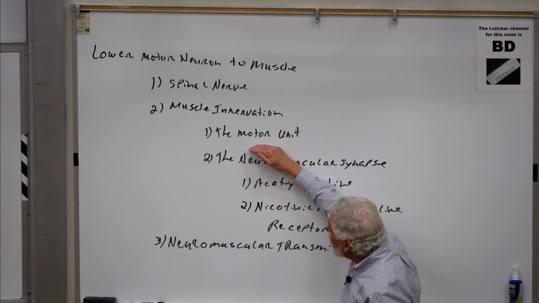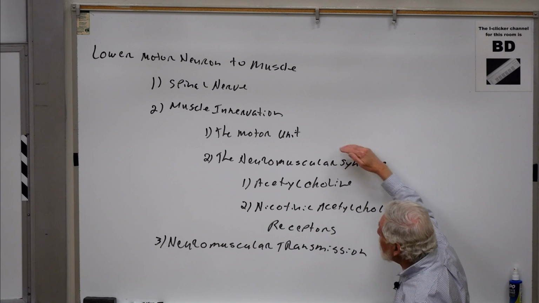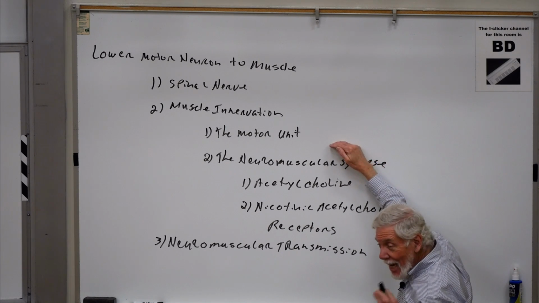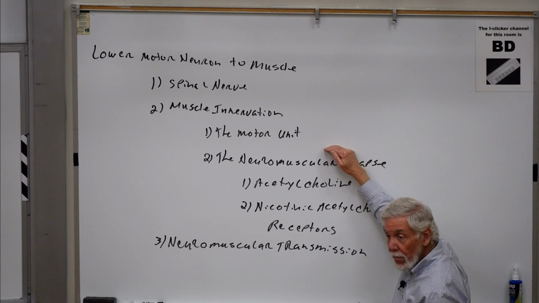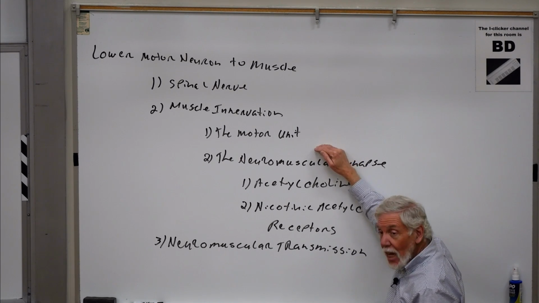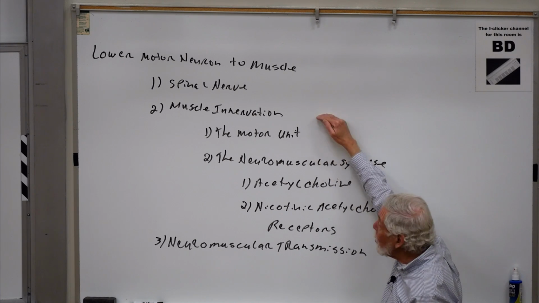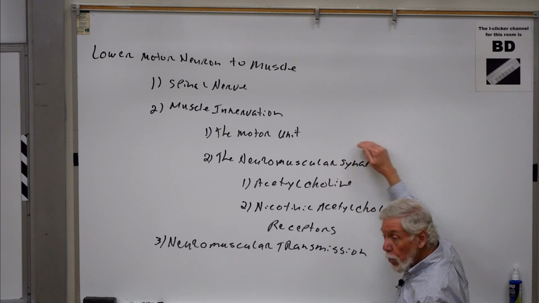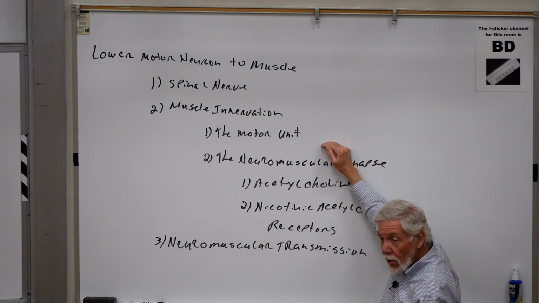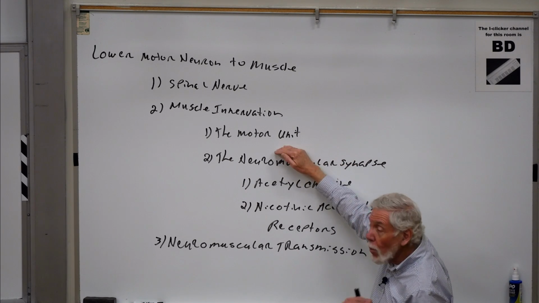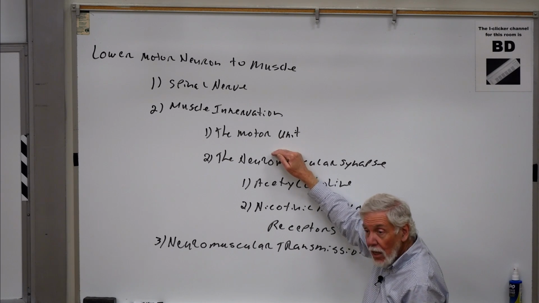We think about the motor unit being lower motor neuron and the muscle fibers, but each of the muscle fibers is an individual cell. It's a multinucleate cell. It's an enormous cell, but it's an individual cell. And each of those cells receives input from only one motor neuron. So in other words, the motor unit is a lower motor neuron and a group of muscle fibers it innervates, but each muscle fiber receives input from only one lower motor neuron. This means that when a lower motor neuron fires an action potential, a group of muscle fibers will react simultaneously.